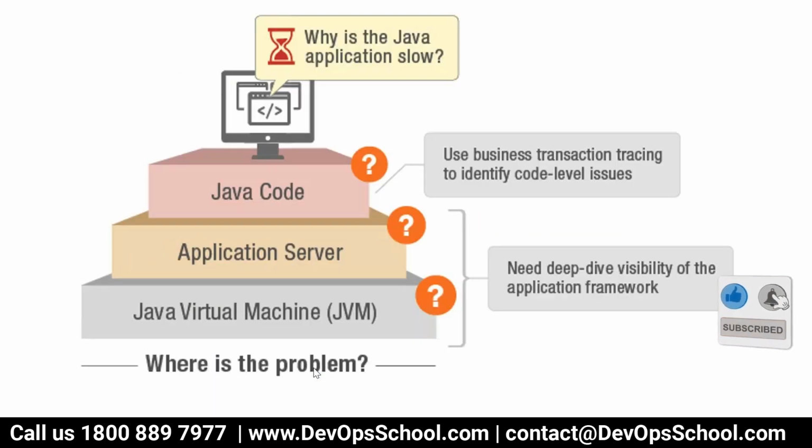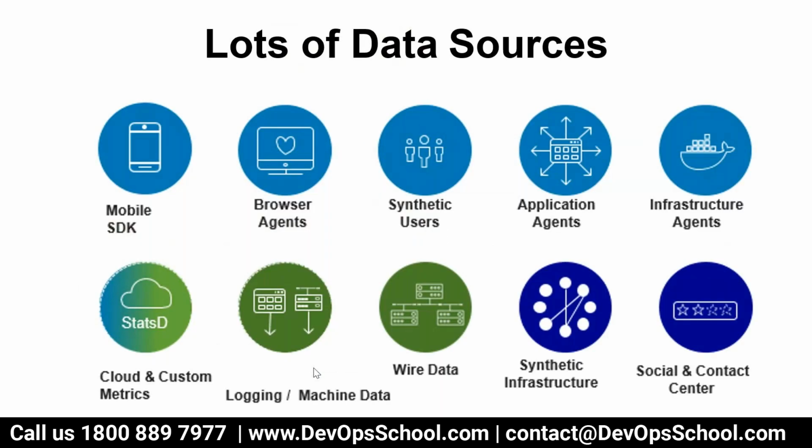Where is the problem? The problem could be in the Java code, in the application server, in the JVM, in some app server or whatever it is, or a third-party library. There are so many data sources we have. You have to analyze them and then find out where the problem is.